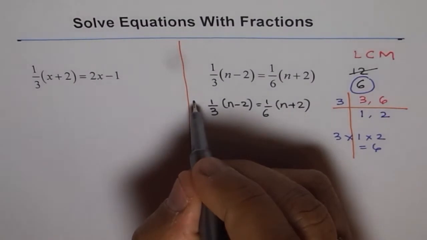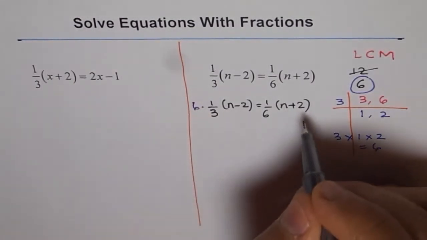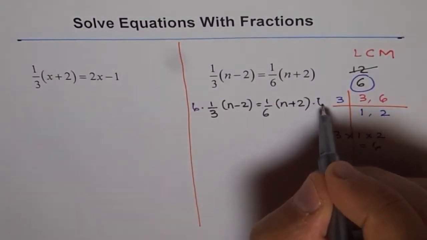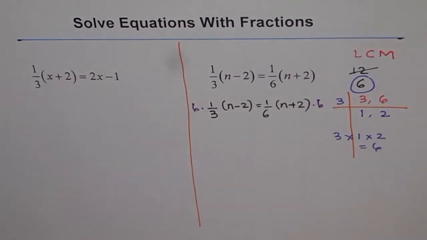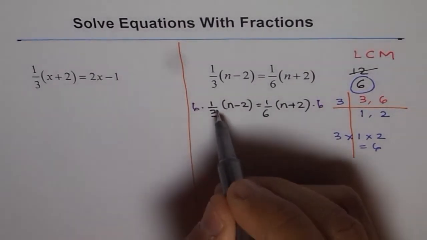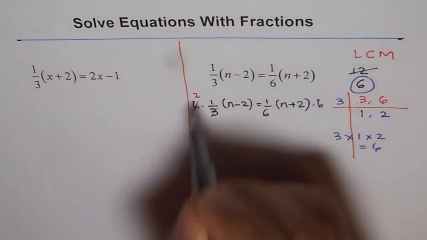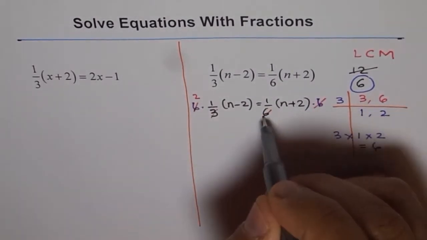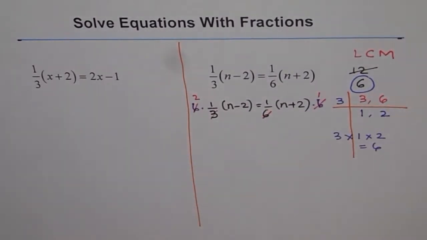Multiplying by 6 means 6 times this and 6 times this, right? Okay, so you can see 3 goes 2 times in 6, and here 6 goes 1 time, correct? So that's what you get.